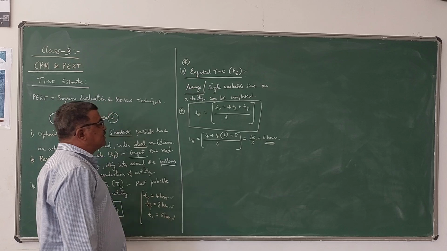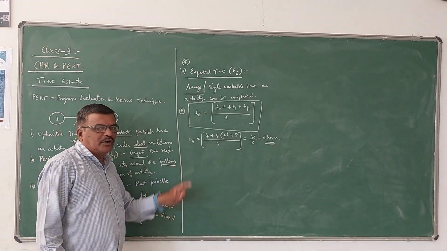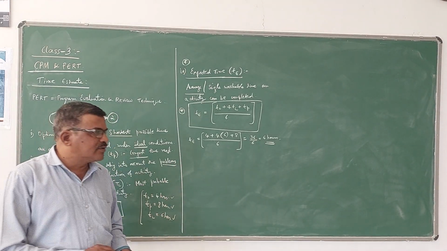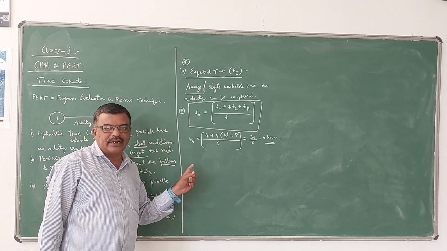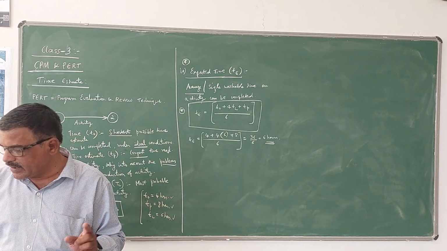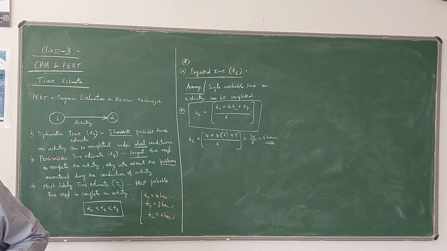So 6 hours is the expected time to complete that activity. So by knowing the T naught, TP and TL, we can calculate the expected time for an activity.